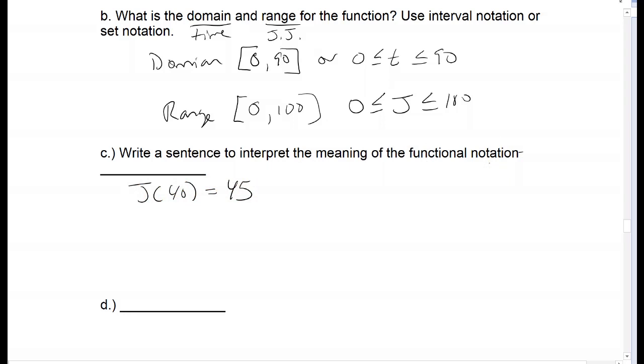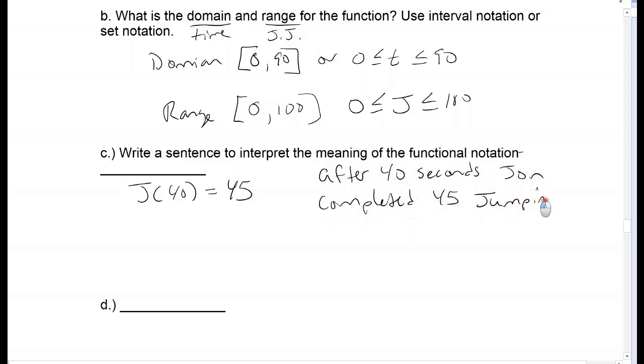When you're interpreting it, you should always interpret both parts, and you should always interpret it with correct units. It's kind of a statement. So J of 40 equals 45 means that after 40 seconds, John completed 45 jumping jacks.